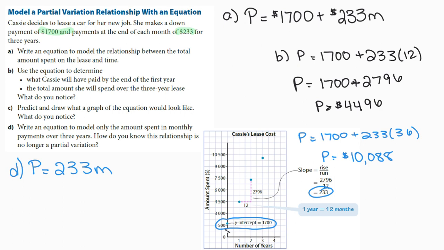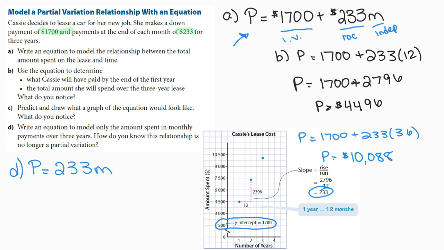So what's different about a partial variation, which is this equation right here, is it still has 233, which is the rate of change, times the independent variable, but it also has plus the initial value.